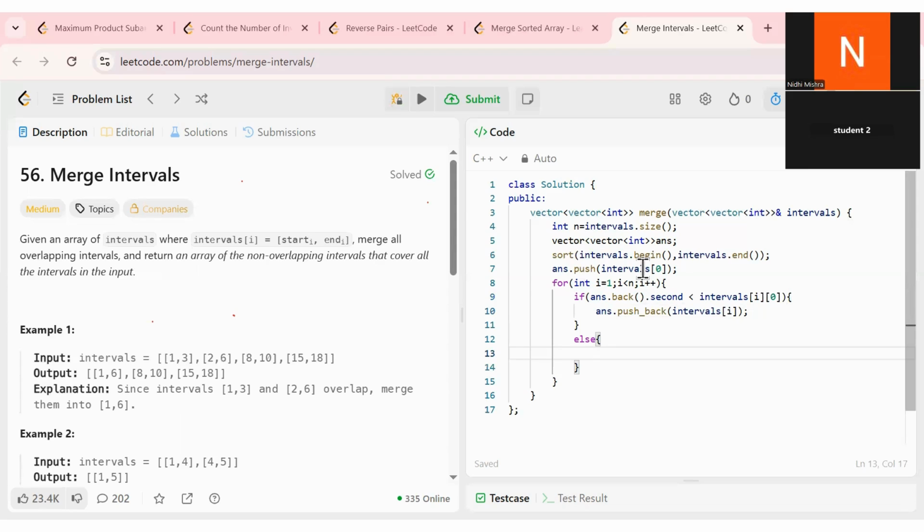Else, what will I do? Else we will change answer.back of 1 to be the max of answer.back of 1 and intervals of I of 1.